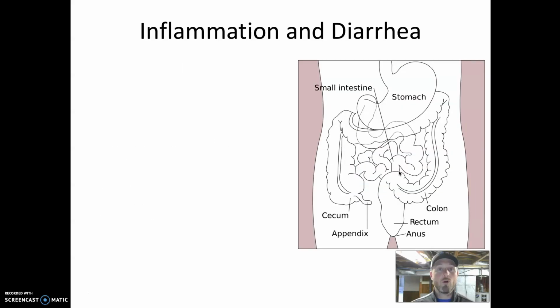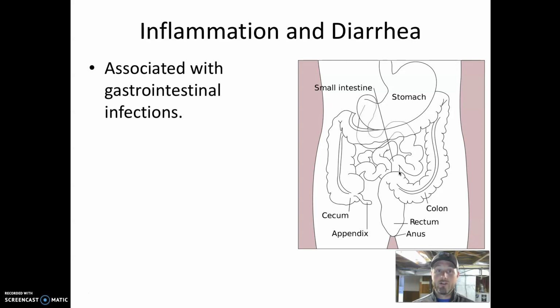Let's think about one more quick example, inflammation and diarrhea. Diarrhea is associated with gastrointestinal infections. So we'll get a pathogen in here, into the small or large intestines. The pathogens are growing in here, damaging the epithelial tissue that lines the intestine. Again, tissue damage is going to result in inflammation. Inflammation includes increased vascular permeability. That means that fluid is going to leak into this epithelial tissue.